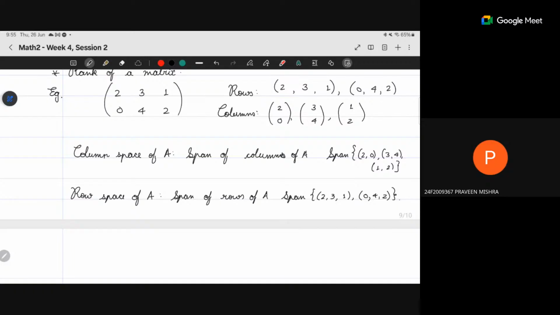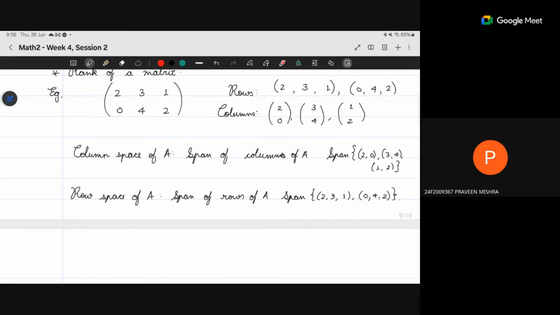Now to find the basis of this, you already know methods, row method, column method, whatever you want to do. If you arrange this as the rows of a matrix, you get this itself. Then you do your row operations, get it into an REF form, and determine its dimension and the basis.